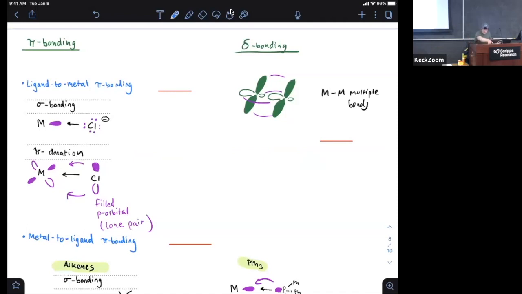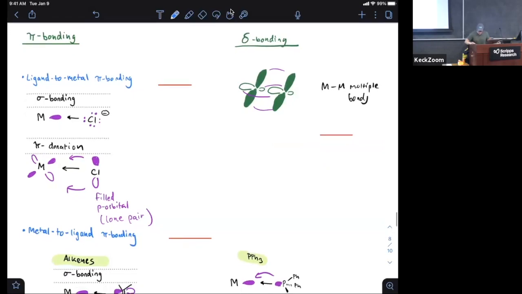The other type of bonding that we've discussed a little bit already in class is pi bonding, and this can come in two different flavors, defined by whether electrons are being donated from the ligand to the metal or from the metal to the ligand. Let's first consider the case of a chloride ligand.